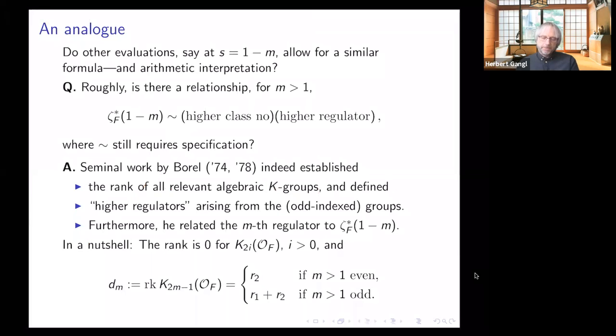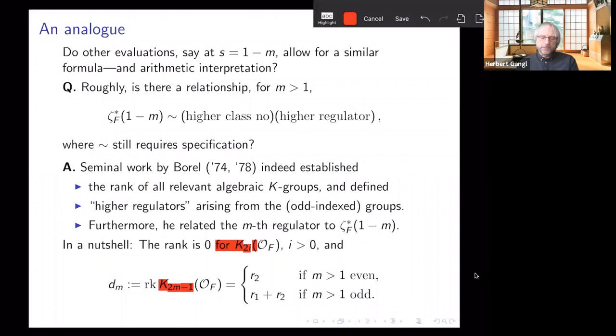Borel, in his seminal papers, showed that the rank actually is 0 for the even-indexed K groups, and for the odd-indexed ones, we call it T_m, and it depends on the parity of m.